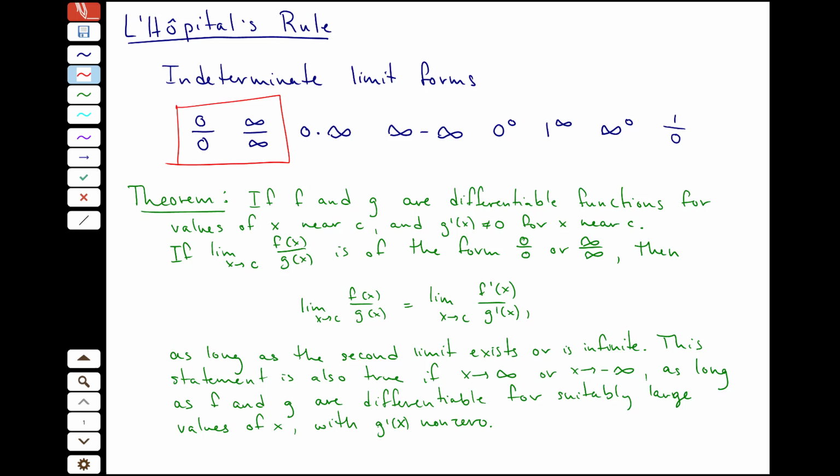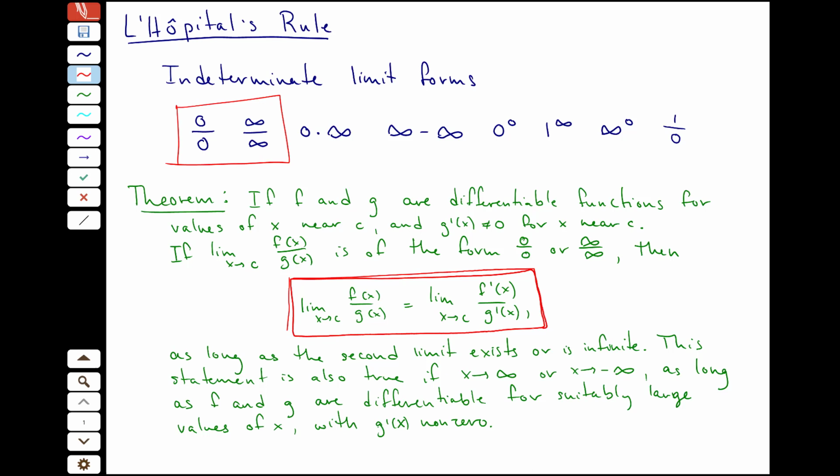So it states, if you have functions f and g that are differentiable for values of x near c, and if the derivative of g is not 0 for those values of x near c, then if this limit as x goes to c of f of x divided by g of x is of either of these two indeterminate forms, either 0 over 0 or infinity over infinity, then when you want to compute this limit of this ratio, it will be the same as the limit of the derivatives.